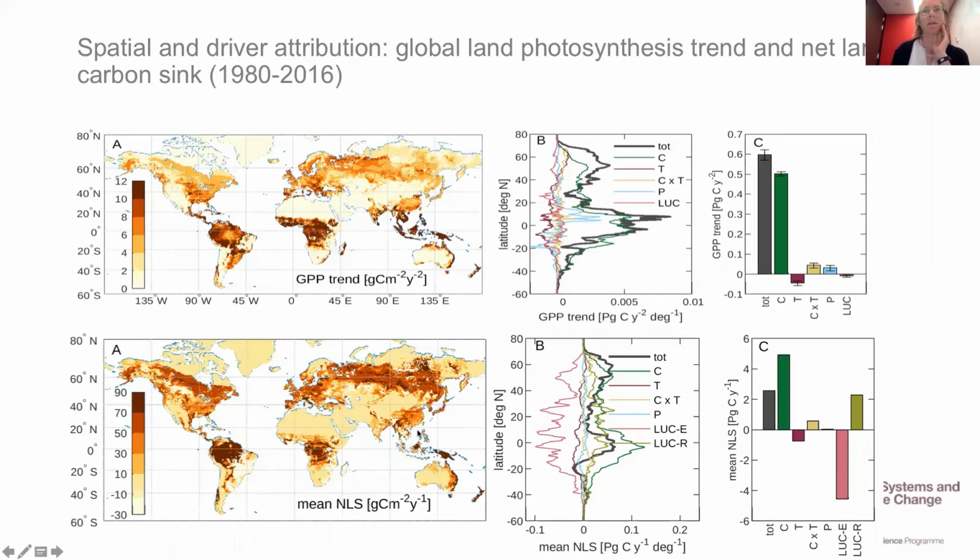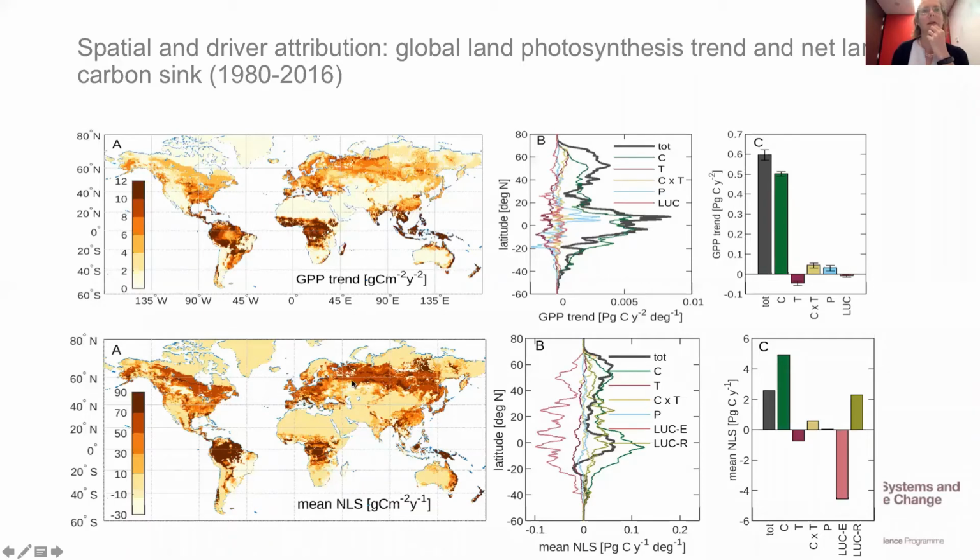But still, it's interesting to see that once you go from the gross fluxes to the net land sink, things get a lot more complicated, but still we have a large component of CO2 fertilisation responsible for the sink.